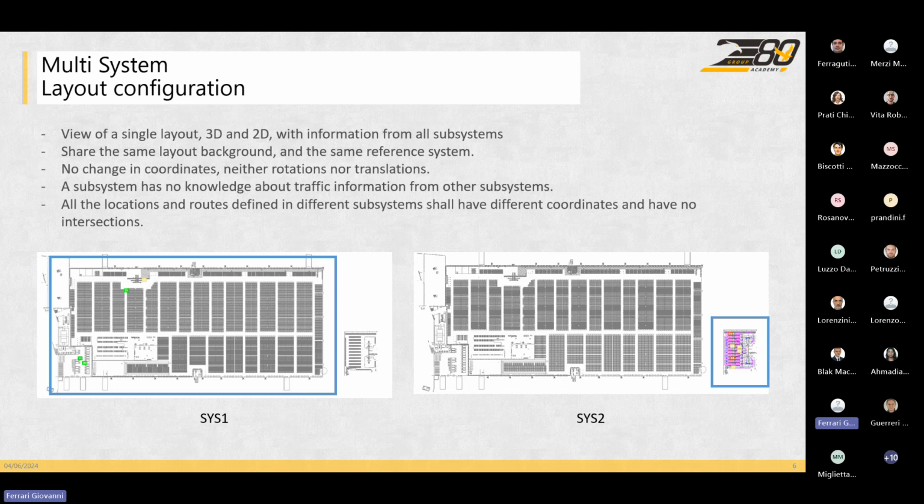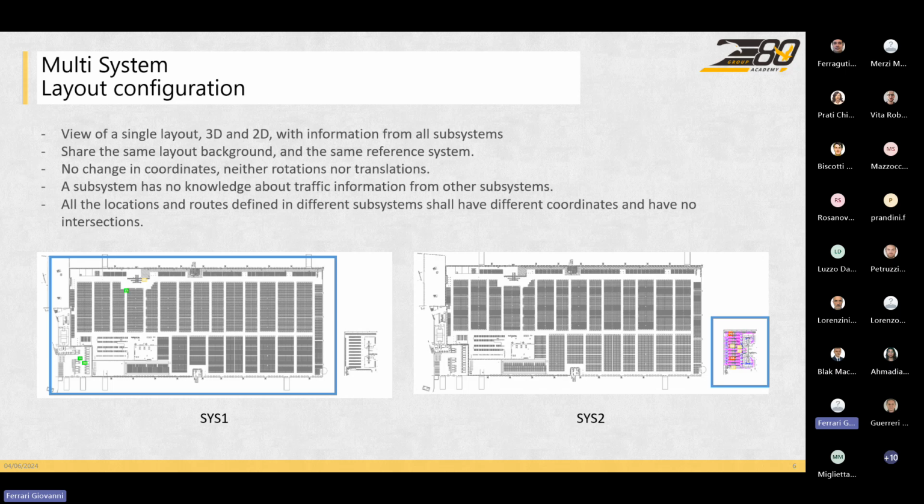Another aspect that I wanted to mention, now that I mentioned multi-building, is that we also recognize that having a single layout in the web UI fits better in a use case like Red Bull, where we have a single warehouse, and so it's natural that we want to see the AGVs that are added in the warehouse moving in the same layout together with the existing LGVs.